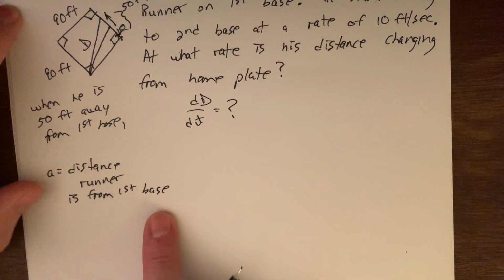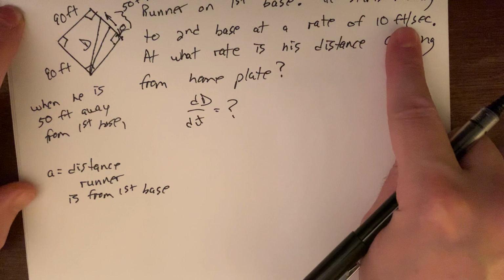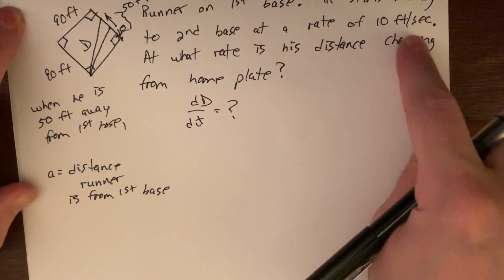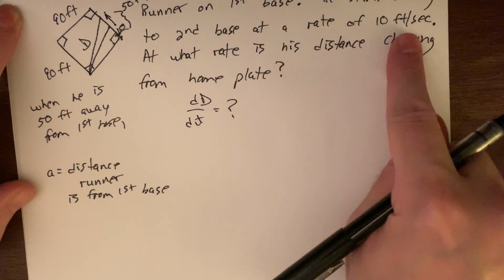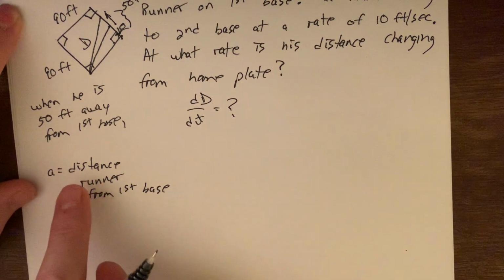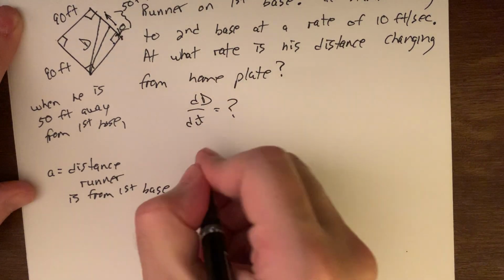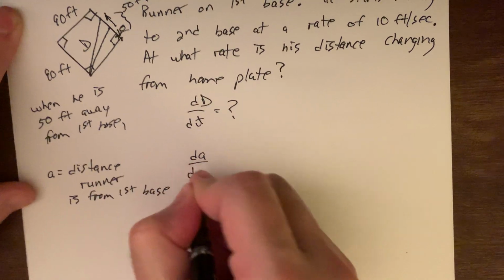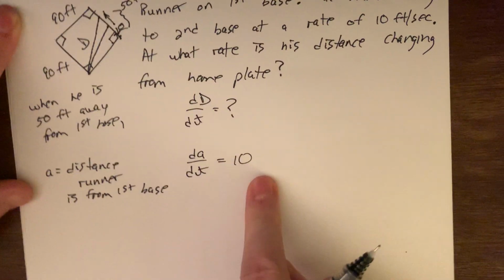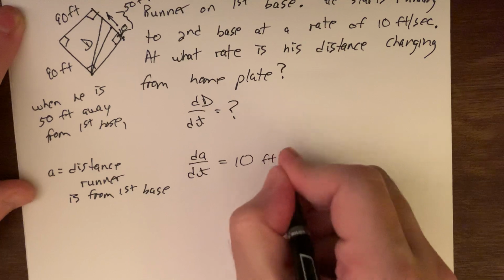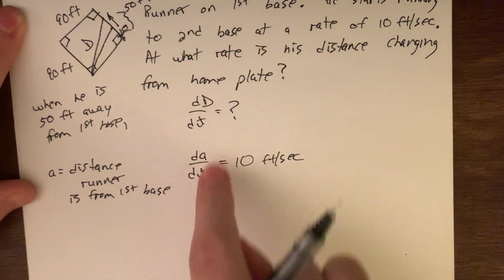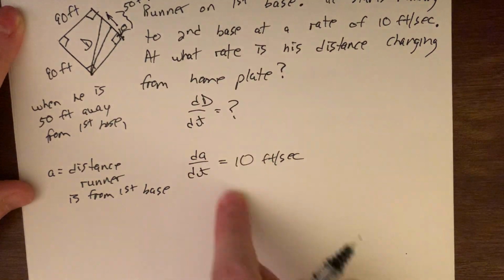Well, now with that understanding, he's running to second at 10 feet per second. That is the rate that distance is changing. So we want dD/dt with this notation. We know dA/dt. So those are what we're trying to connect.